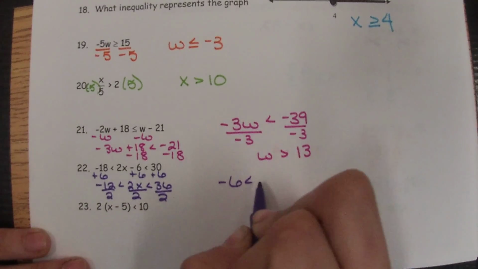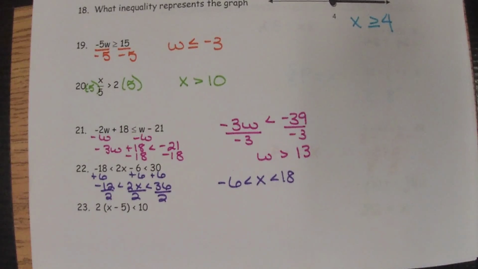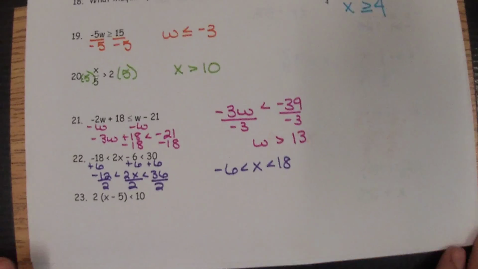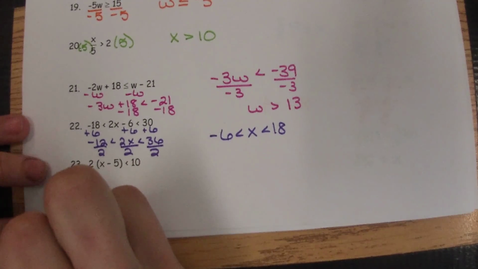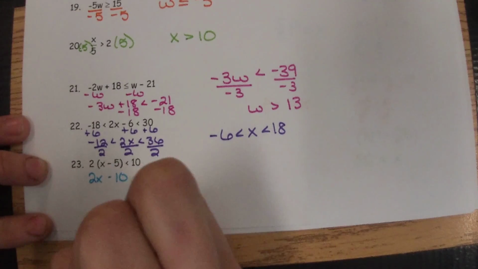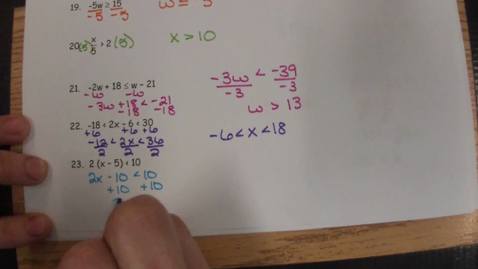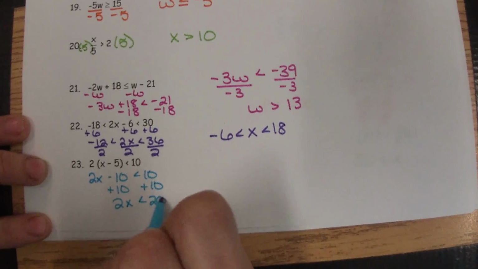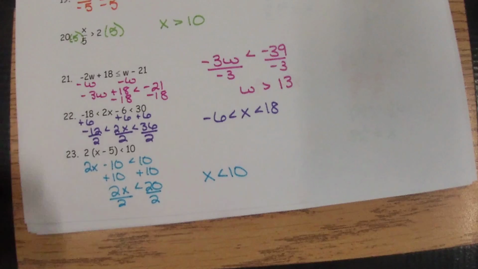So we'll get negative 6 less than x, which is less than 18. Number 23, we'll distribute. Divide by 2. X is less than 10.